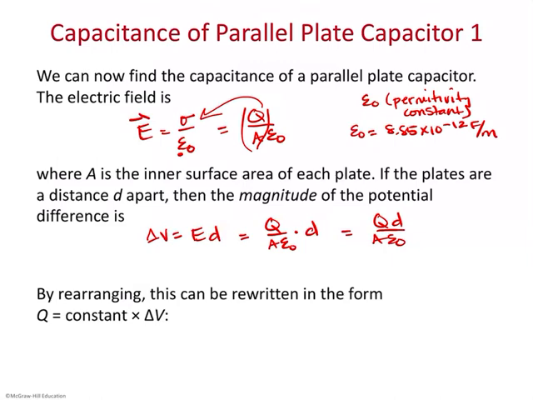Then by rearranging, you can rewrite it to solve for Q: all of it flips around and gives you this times the change of voltage.